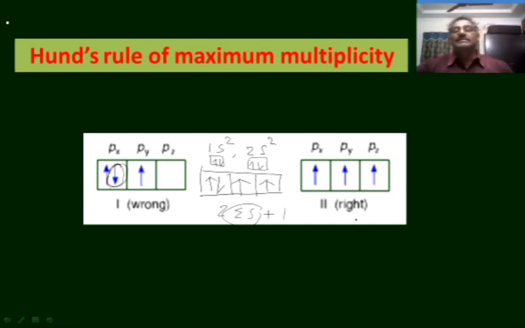So, what are the rules which govern the filling of electrons? The Aufbau principle, Pauli's exclusion principle, and Hund's rule. These three rules govern the filling of electrons in various orbitals. According to the Aufbau principle, electrons are filled first in the lowest energy orbitals. An electron is filled in a higher energy orbital only after the filling of the lower energy orbital.